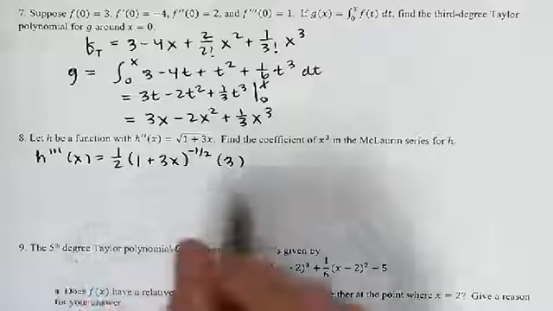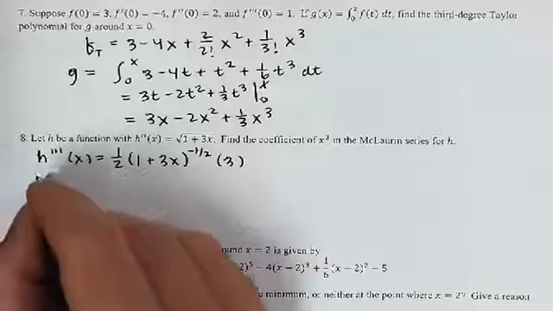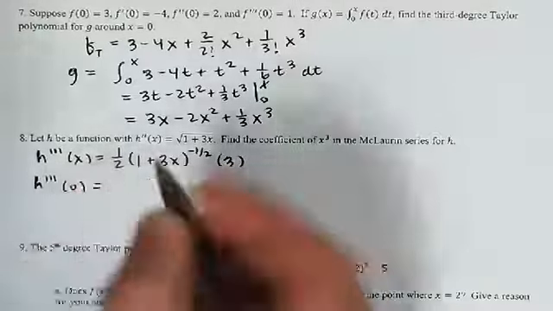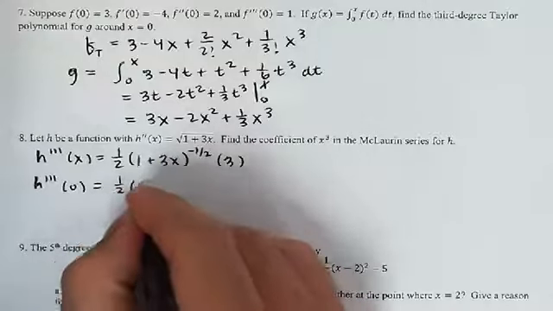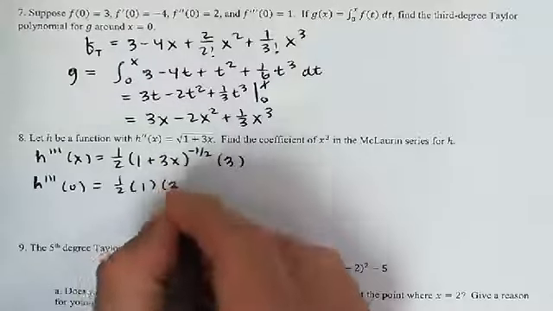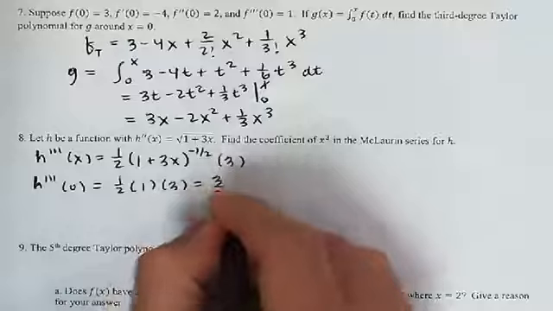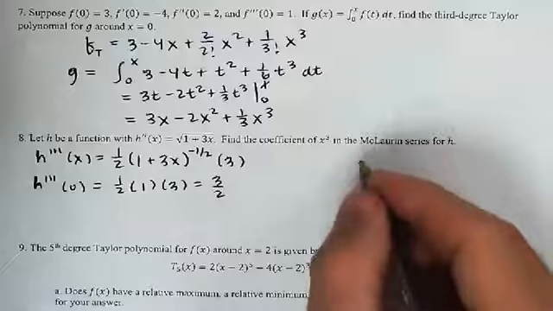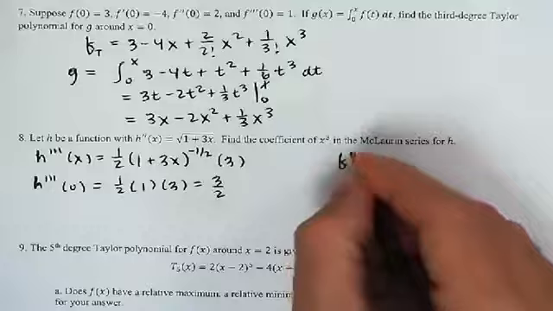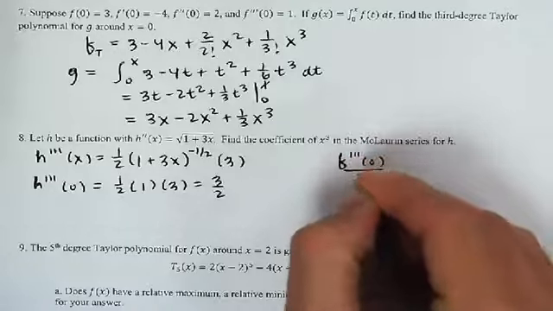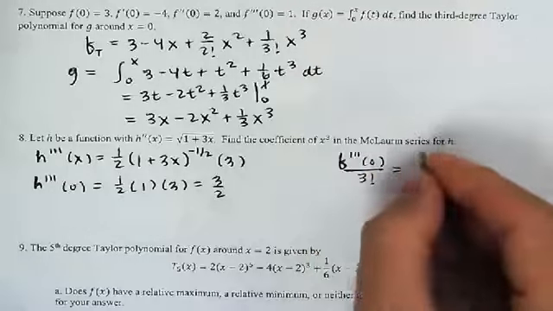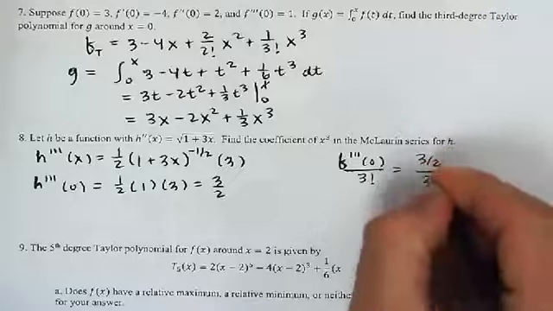Okay, so Maclaurin series is where x equals 0, so I need h triple prime at 0, and so that's going to be 1/2 multiplied by some power of 1 multiplied by 3 is 3/2. And I know that the coefficient of x to the third is f triple prime divided by 3 factorial, and that's 3/2 divided by 3 factorial.